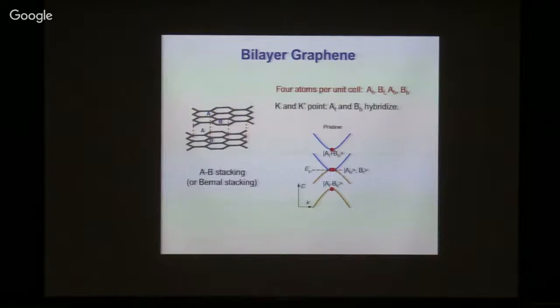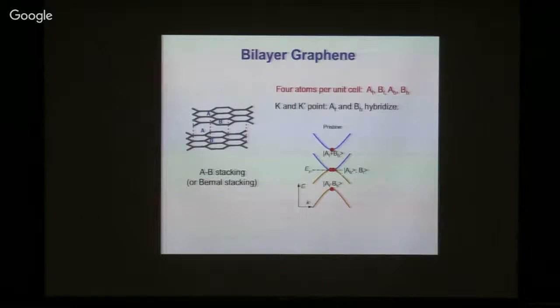If you include the dispersion as a function of momentum, you recover these 2 parallel conduction bands and 2 parallel valence bands. So what we see is in bilayer graphene, although you recognize the AB sublattice, the band gap is still 0. There is a degeneracy due to the top B atom and bottom A atom. So in order to create a finite band gap, we need to break this degeneracy.